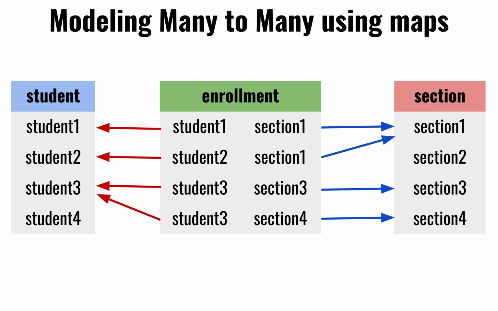So we have section 1 has 2 students, whereas here we have student 3, right, enrolled in 2 different sections. Yes, many to many. Right? One student enrolled in many sections, and one section having many students, right?